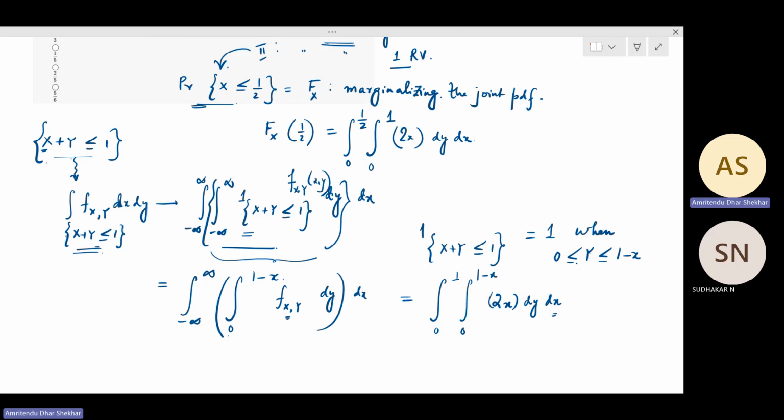You could have also done it the other way around, where you fix y and let x vary from 0 to 1 minus y. The manner in which you carry out the integration, whether you integrate dy first and dx later or the other way around, does not change the result of the integral, as long as this integral exists, which is always the case because you're dealing with probability densities.